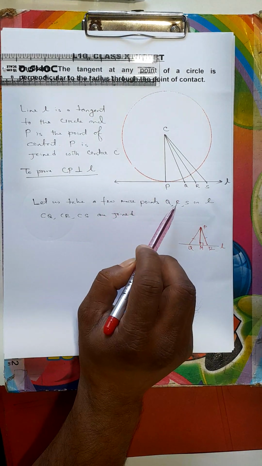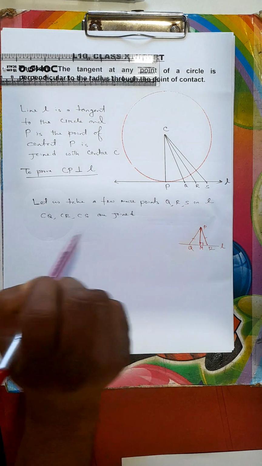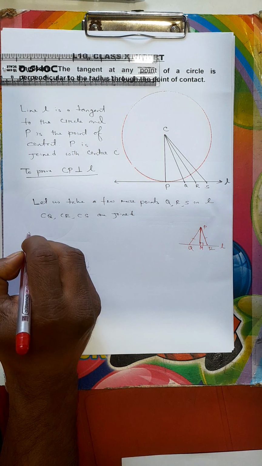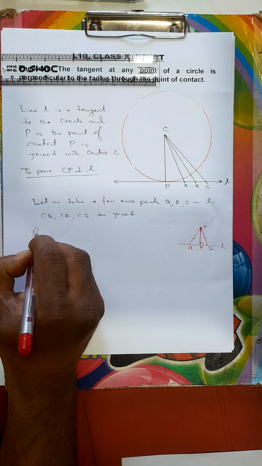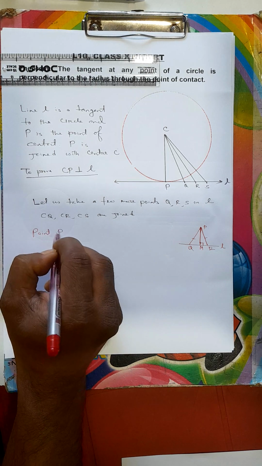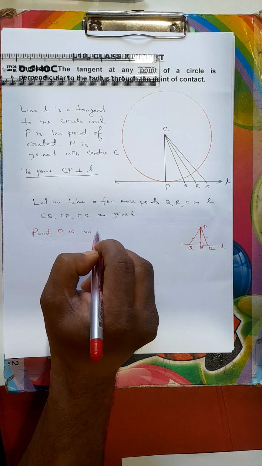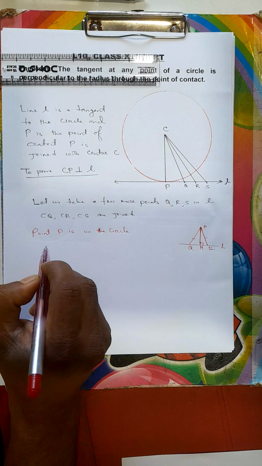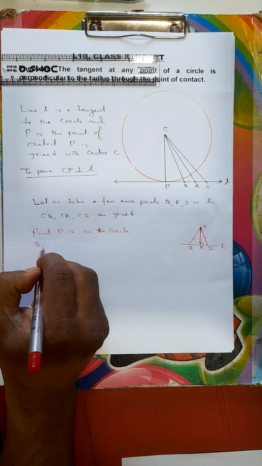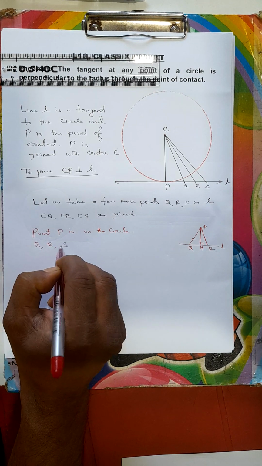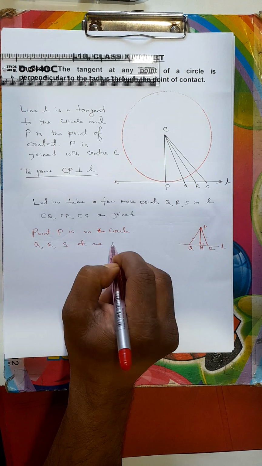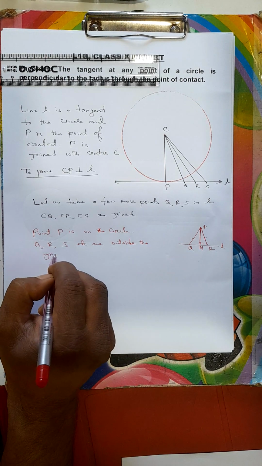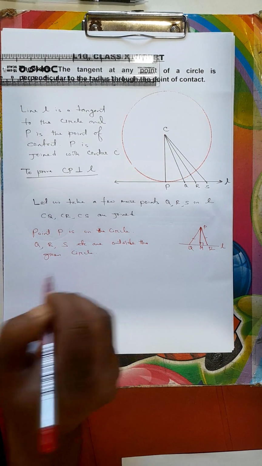So let's take points Q, R, S, etc. on line L. We are joining CQ, CR, CS, right? Now we see point P is on the circle, Q, R, S, etc. are outside the given circle, right?